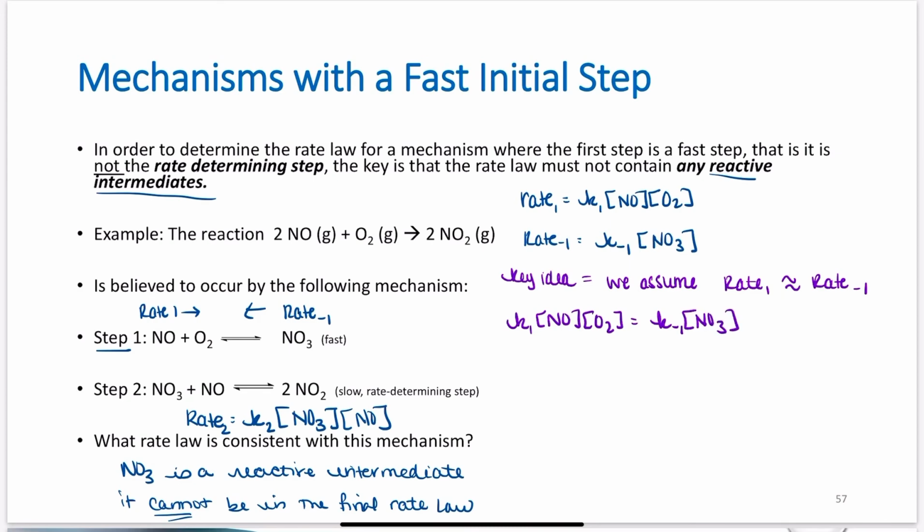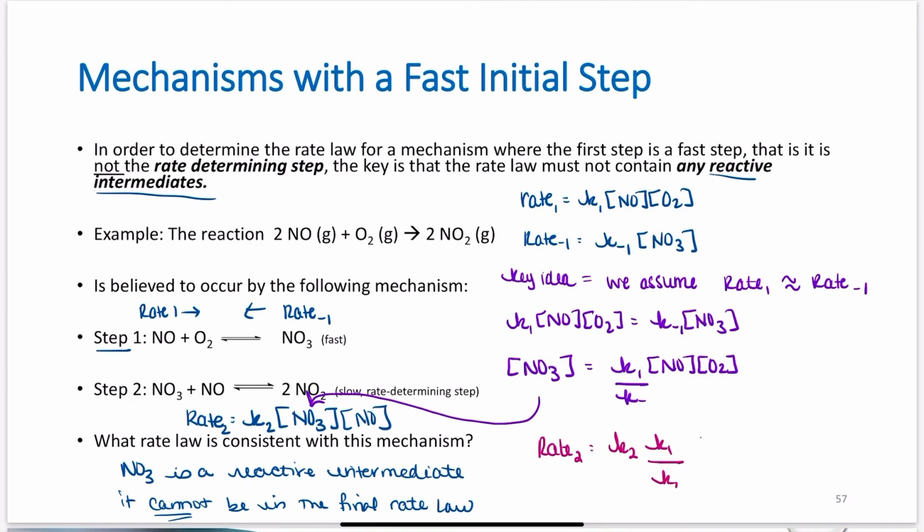I then can solve for the reactive intermediate, and plug that in to my rate based on the second step, which I can then simplify and say, because I have 2 NOs there, rate 2 is equal to k2, that should be a minus 1, divided by k1.